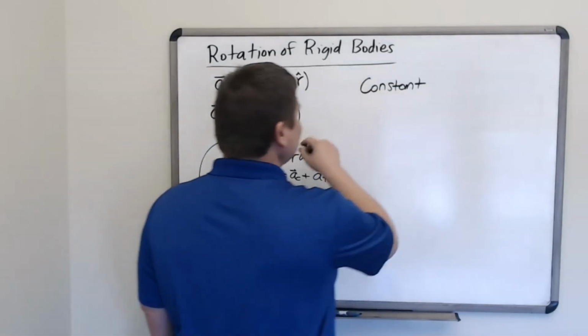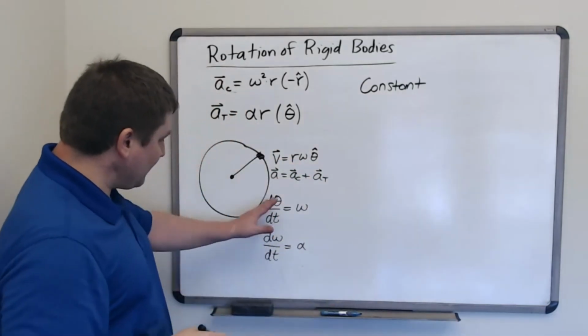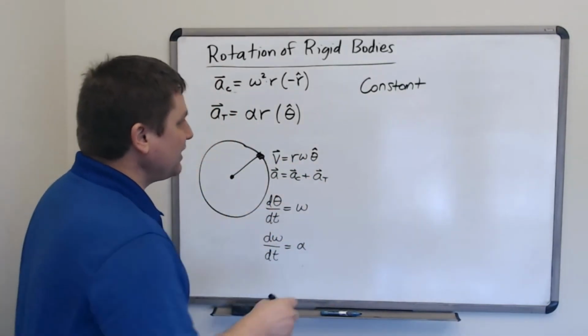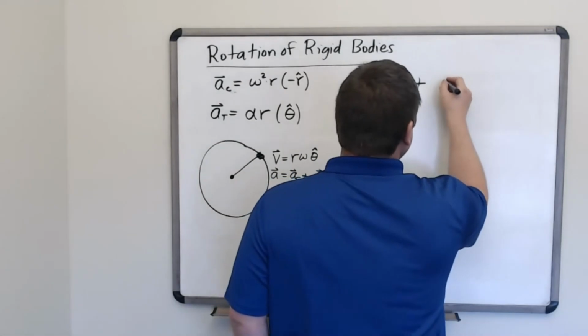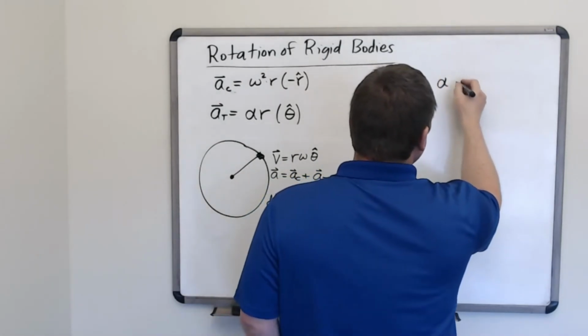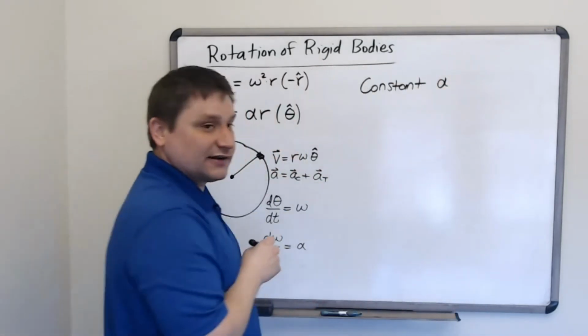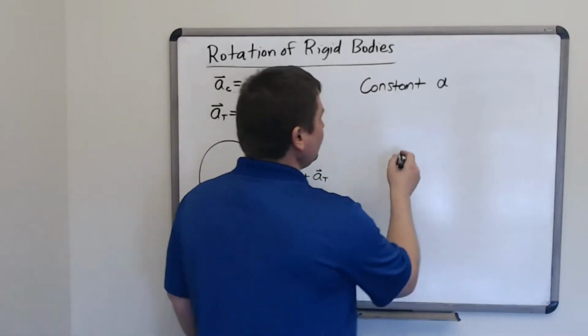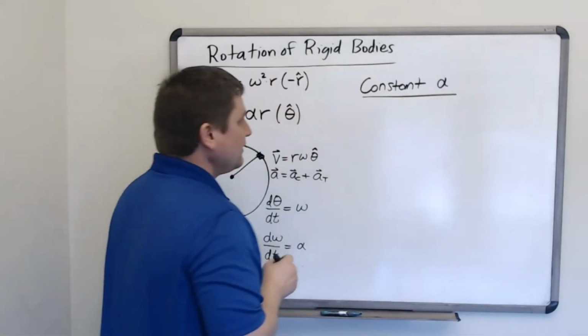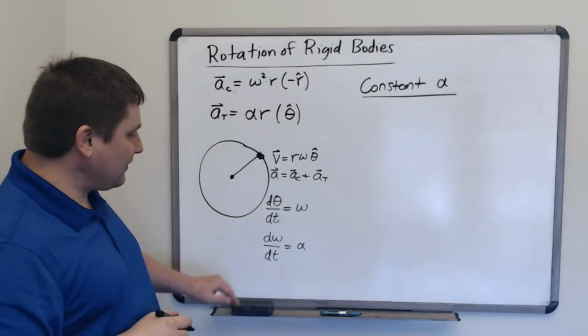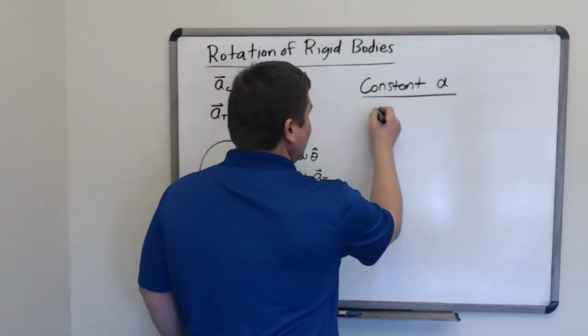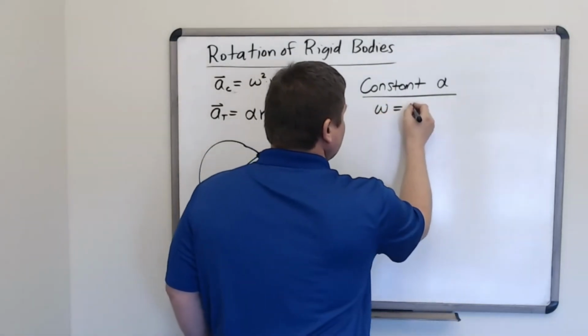So let's write out some special case equations here. These are fully general, but if we have a special situation where we can justify a constant angular acceleration, then we can derive from these the following equations of motion.